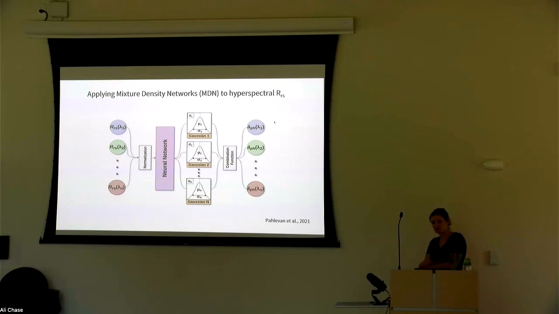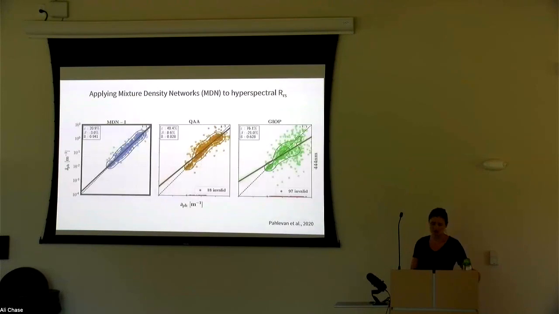They're taking advantage of the information in hyperspectral data by using a type of neural network called a mixture density network, where a distribution of values is produced by the network and then combined to create phytoplankton absorption at different wavelengths. And they found that this approach reduces bias and eliminates a problem of invalid data points as compared to quasi-analytical and GIOP inversion methods.